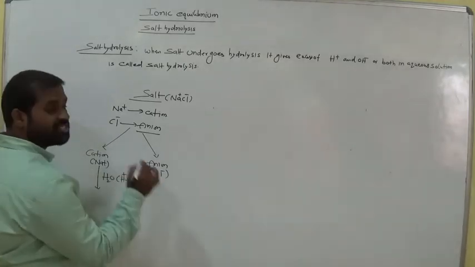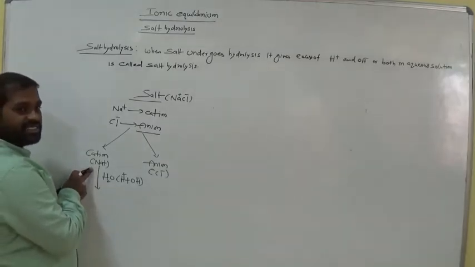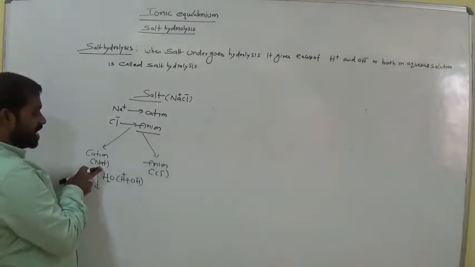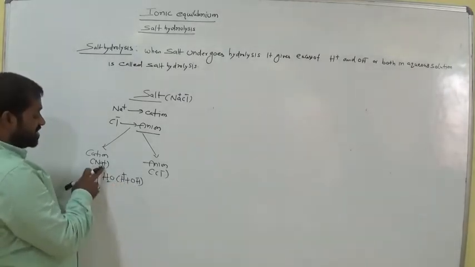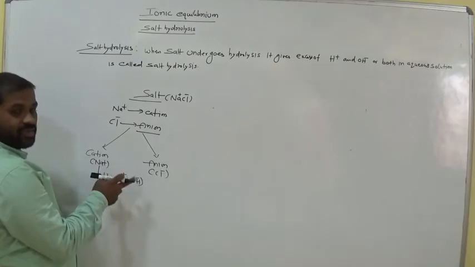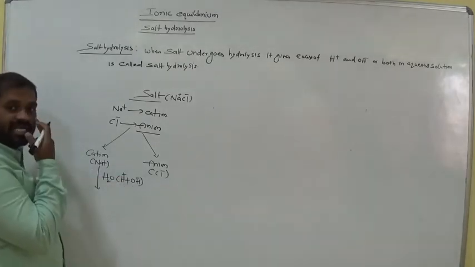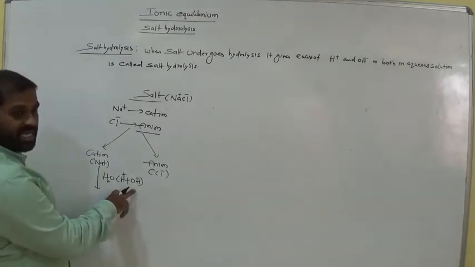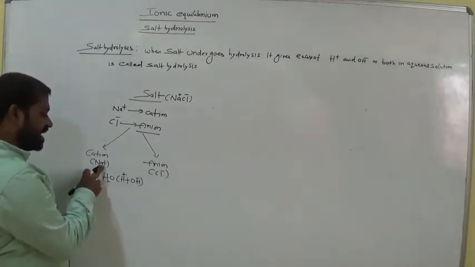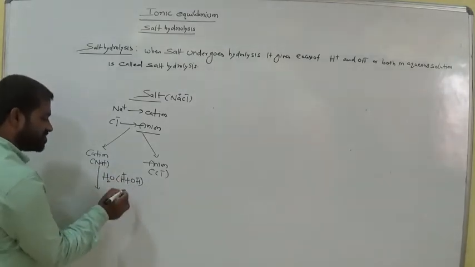The cation is positively charged, and it is always attracted towards negatively charged species. In water, the negatively charged ion is the hydroxyl ion, OH minus. Now the cation interacts with this negatively charged ion: Na plus and OH minus.